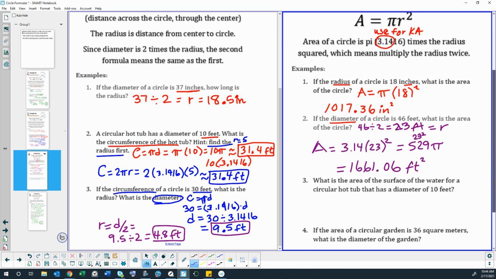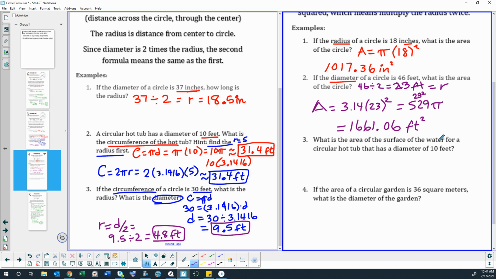Alright, moving forward. Area of the surface of the water for the circular hot tub from problem 2 that had a diameter of 10 feet. If it has a diameter of 10, that's a radius of 5. When we did this problem in this video, we didn't really have to find R. We could do the problem just with diameter. But this one is where we really had to find R first. So we're going to use the R value, which is 5: 3.14 times 5 times 5.